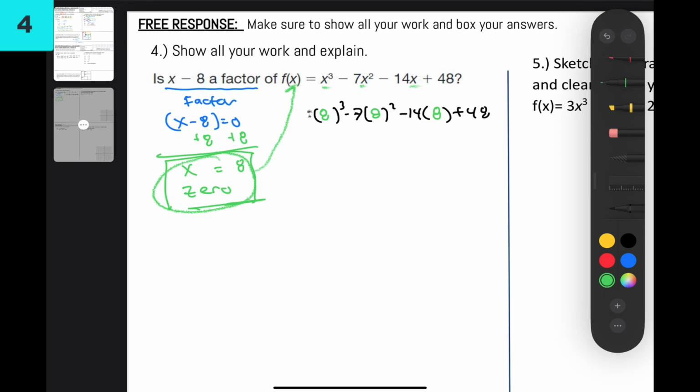Grab my calculator here. So then 8 cubed, 512. 8 squared, remember doing PEMDAS first. So this, 64. Negative 14 times 8 gives me negative 112.